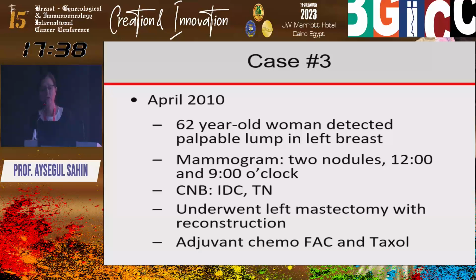Another case is a 62-year-old woman who had a mammogram showing 2 separate nodules, and the core biopsy was performed on both of them, and it was invasive ductal carcinoma, and a left mastectomy was performed, and a diagnosis of invasive ductal carcinoma was made.